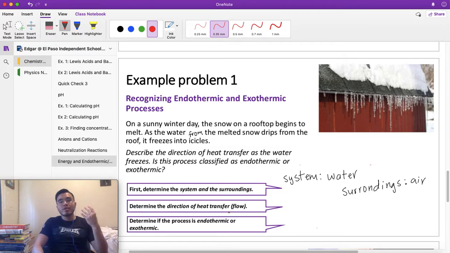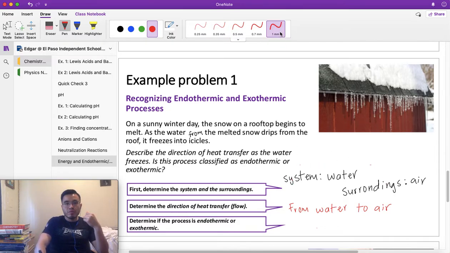So the water is releasing heat, and that's why it gets frozen. So it's flowing from water to air. Whatever gets colder is releasing heat. The water is getting colder because it's being frozen, so it's releasing heat. From water to air, from system to surroundings.